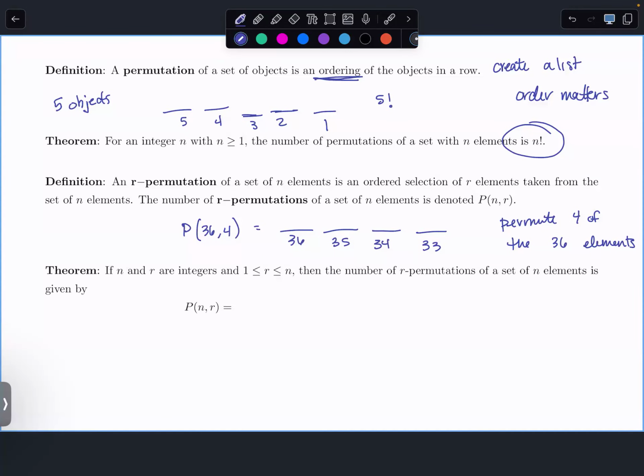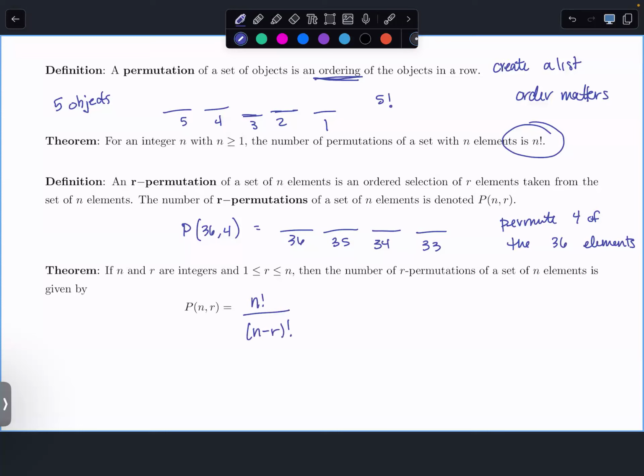Okay, so if n and r are integers with 1 less than or equal to r, which is less than or equal to n, the number of r permutations of a set of n elements is given by P(n, r), which is n factorial divided by (n minus r) factorial.